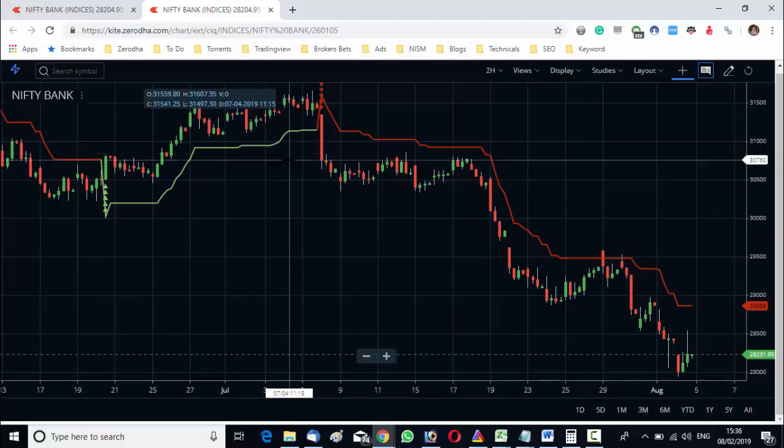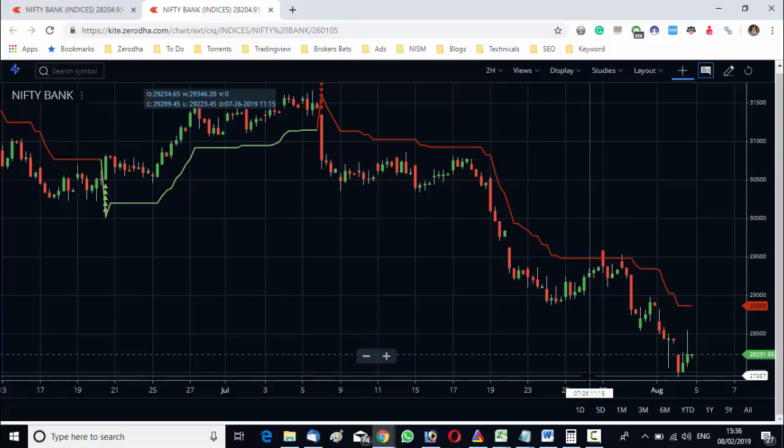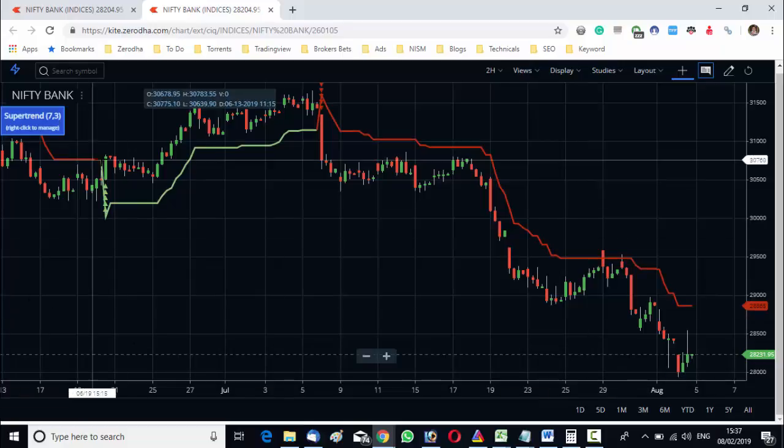So from 30,750 odd level the market has moved down till 27,950 odd levels. So that is once again a 2,800 points rally. So 2,800 points plus 850 points, that is a 3,650 points rally in two trades.